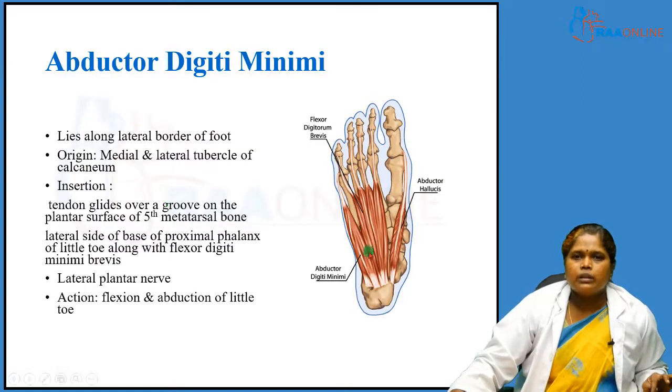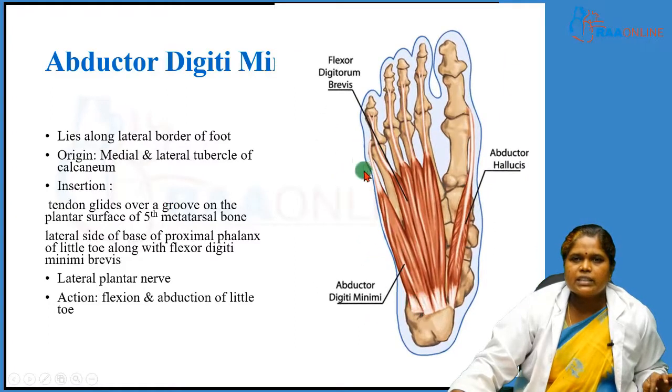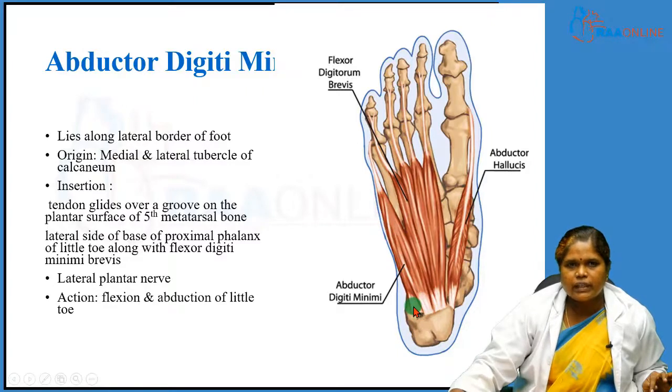Coming to the third muscle in the first layer, Abductor Digiti Minimi, which, as you know, goes to the little toe. This muscle lies along the lateral border of the foot. It arises from both the medial as well as the lateral tubercle of the calcaneum, goes distally, and attaches to the lateral side of the base of the proximal phalanx of the fifth toe.